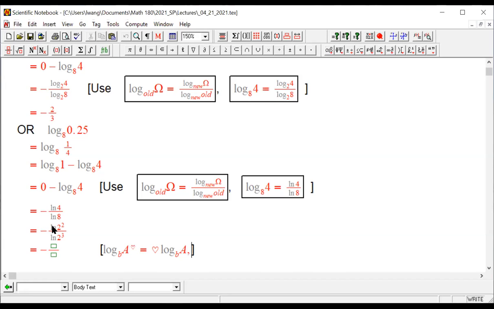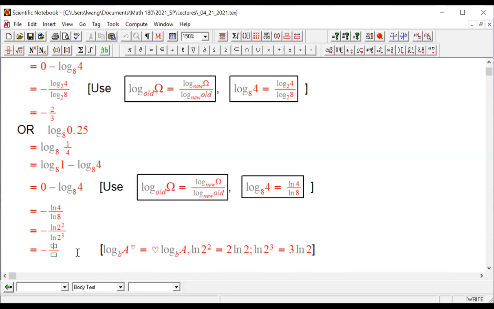So how does that apply to natural log of 2 squared? You just bring the exponent down. The base is e, so it's going to be 2 times ln 2. How do you apply the same power rule to ln 2 to the power 3? You're going to get 3 times ln 2.